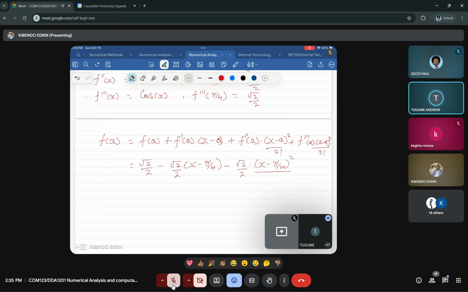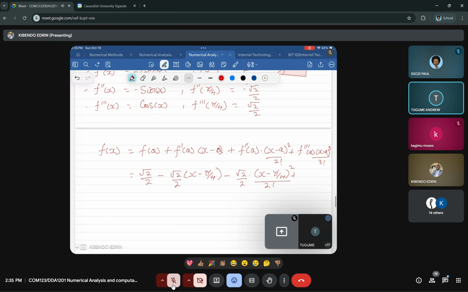Then plus, that is root 2 out of 2 into x minus... Just like that, we are done.